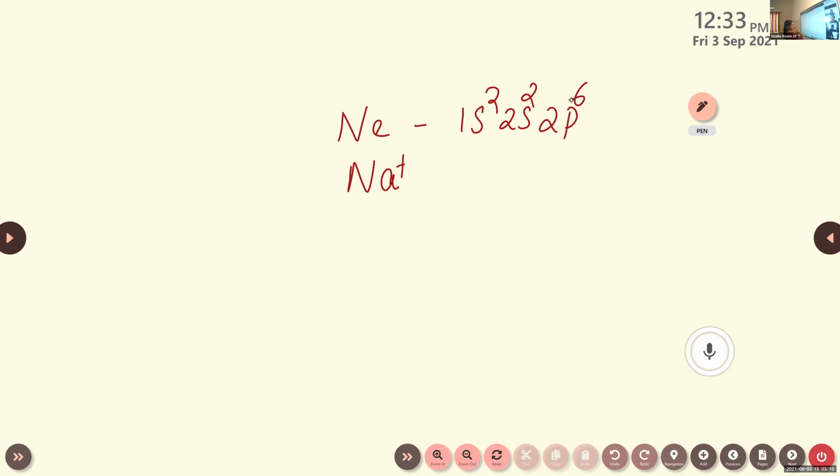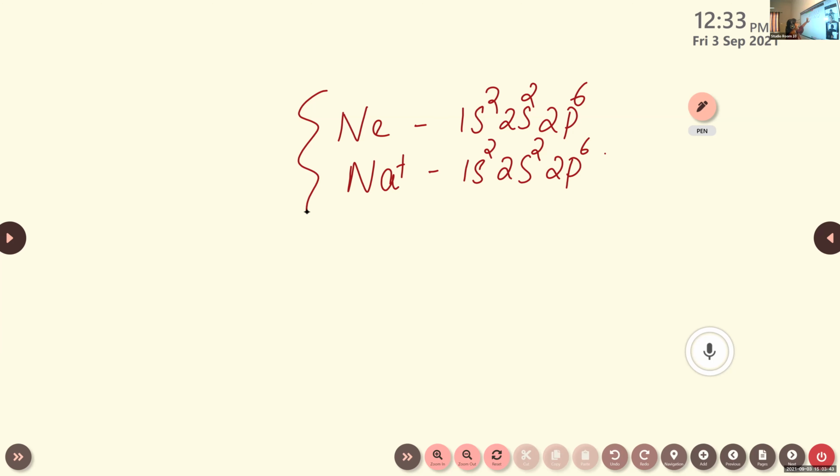And what about Na plus ion? Na plus means they will donate one electron, right? Then their representation is also 1s2, 2s2, 2p6. So these two are considered as isoelectronic species. So there will be one question to identify isoelectronic species. You have to write the electronic configuration and count the total number of electrons. If the same number of electrons are present, you can identify both the atoms or ions as isoelectronic species.